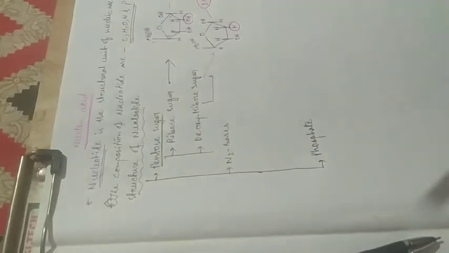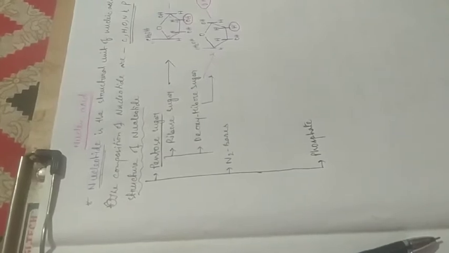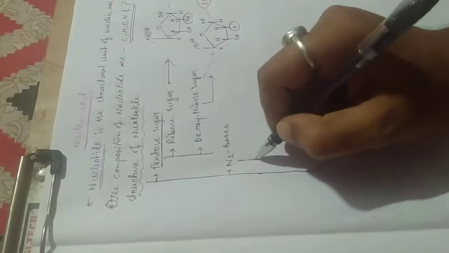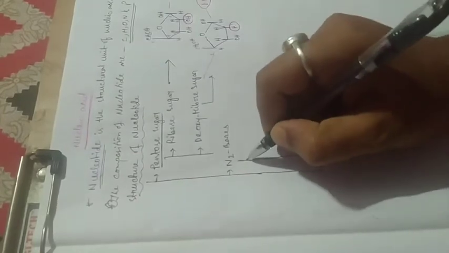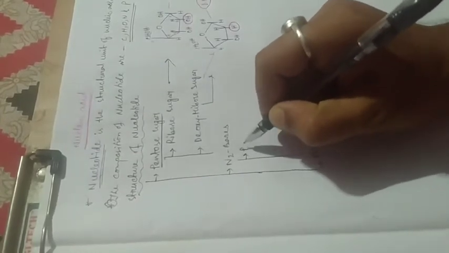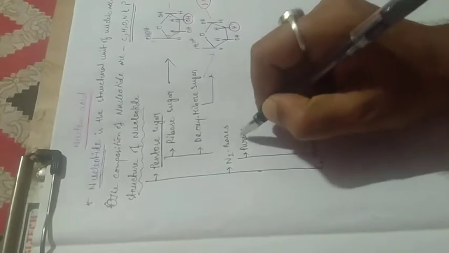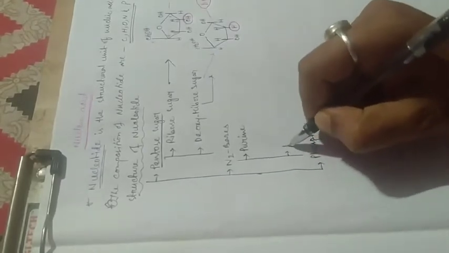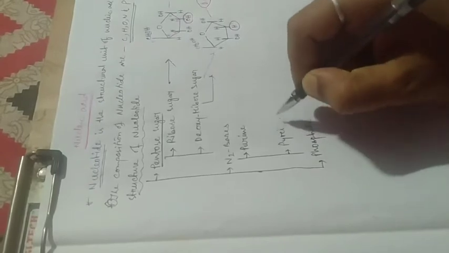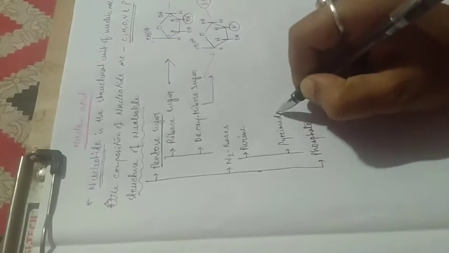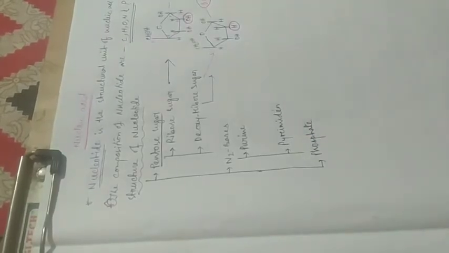Okay. Then the next part is nitrogen bases. We can classify the nitrogen bases into two groups. These are the purine and pyrimidine.